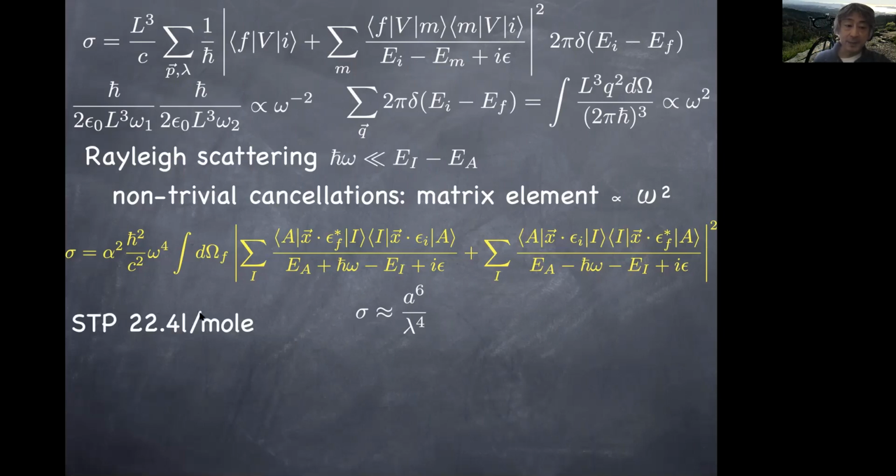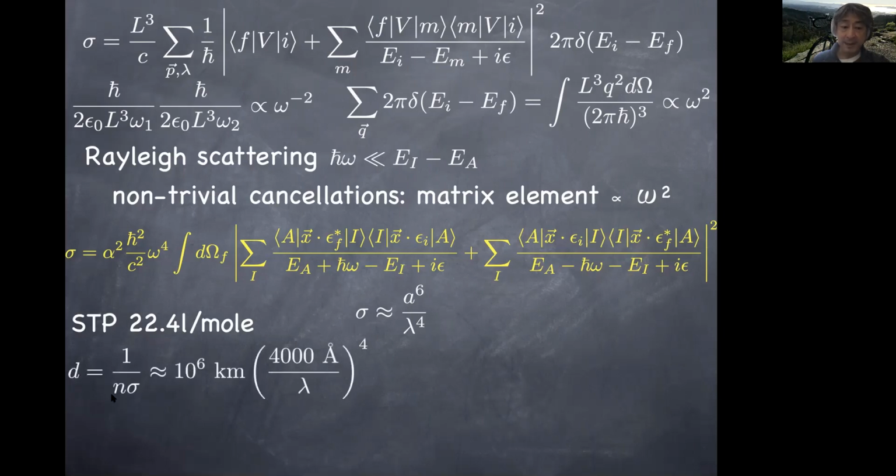Here I'm simply using the case of standard temperature and pressure. As you know, STP refers to 300 Kelvin and 1 atmosphere of pressure. And you know this number from chemistry class: 1 mole of atoms under standard temperature and pressure is 22.4 liters.